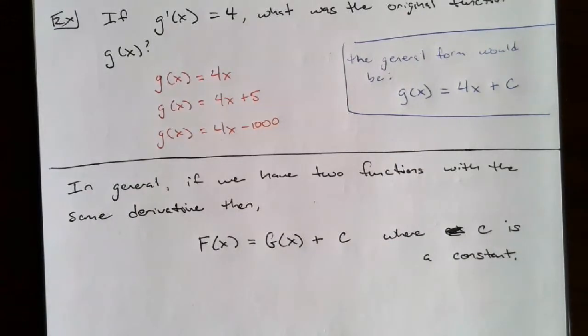Now, when I say that, what I really mean is that F of x and G of x are going to be the same exact function. They differ by a constant, kind of like these two functions we had up here.